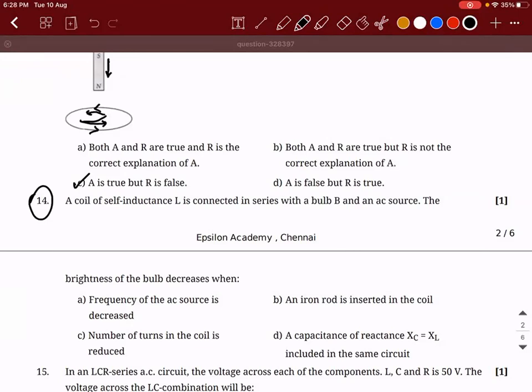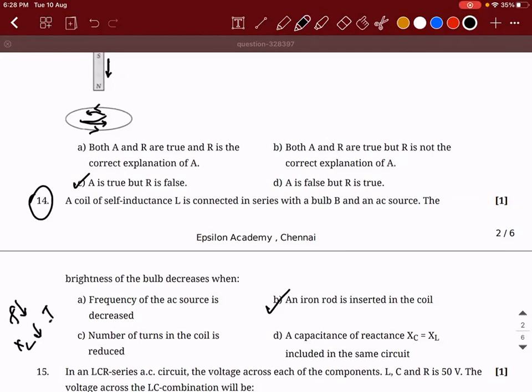Sir, is it because of option A, frequency of the AC source is decreased? No. The answer is an iron rod because when frequency is decreased, XL will decrease.